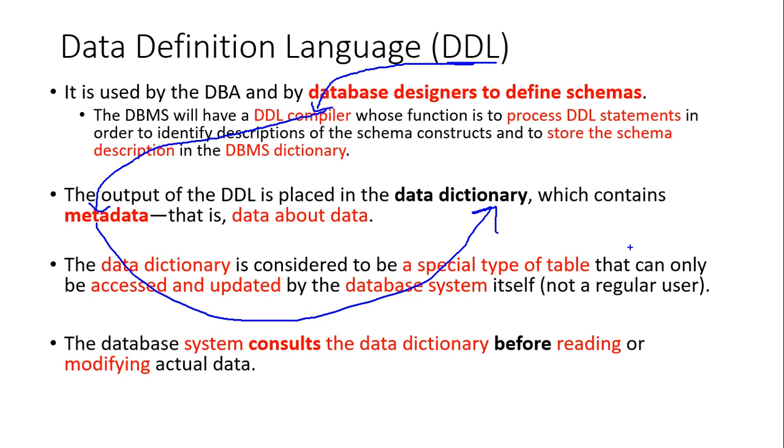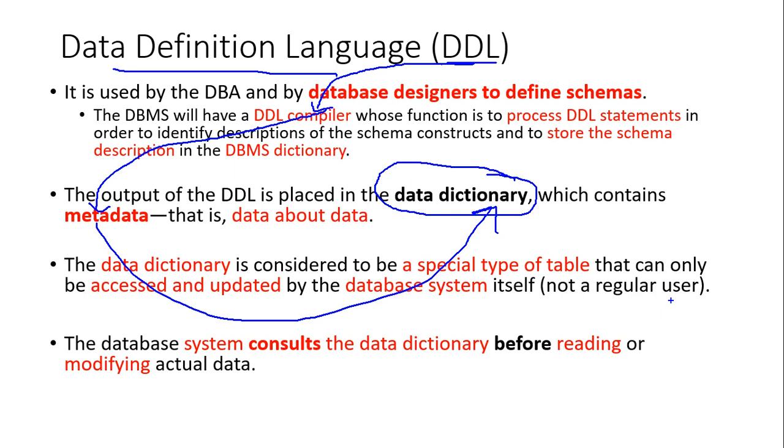Not your C compiler or C++ compiler. The DDL compiler will compile your data definition language into metadata, which it is going to store in the data dictionary. Hope everybody got this concept.